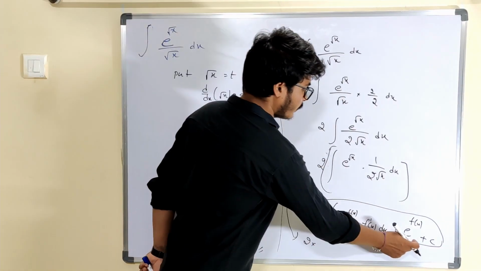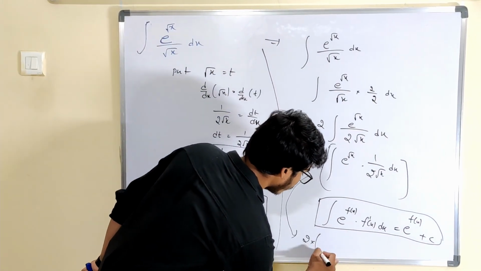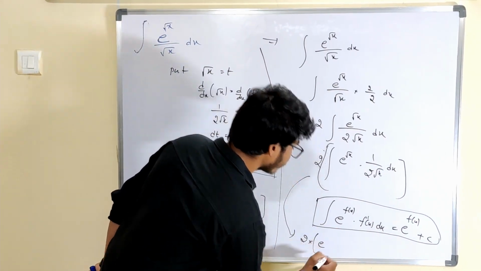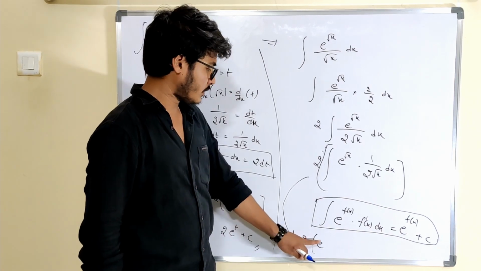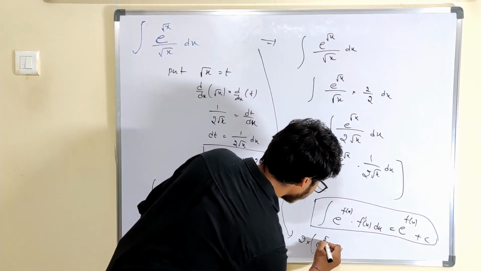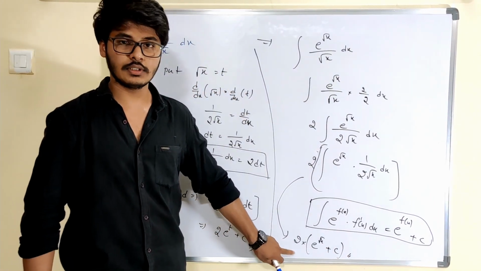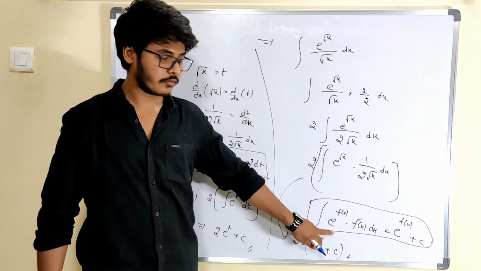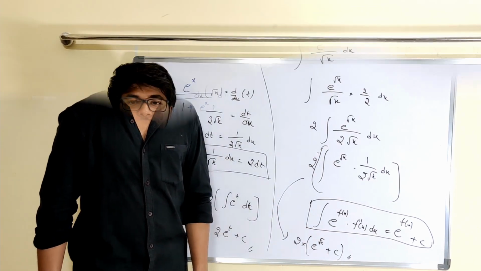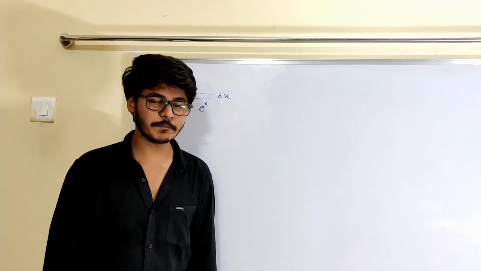So we can write it as 2 into e to the power of f of x. F of x is root x. So 2 e power root x plus c. This is the solution. We can also obtain it from the generalized solution. Now we will see one more question.